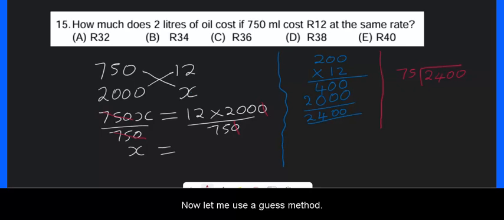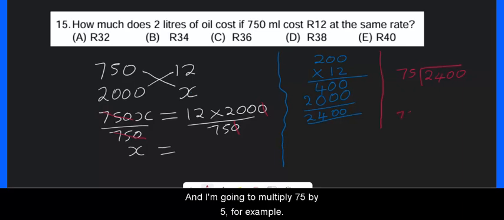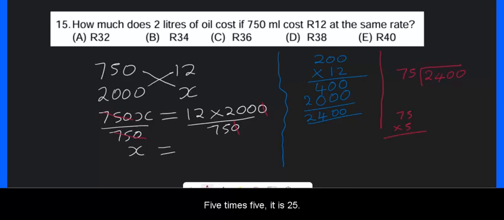Now let me use a guess method. I'm going to multiply 75 by 5, for example. 5 times 5 is 25. And 5 times 7 is 35, plus 2 is 37. I guessed very far.